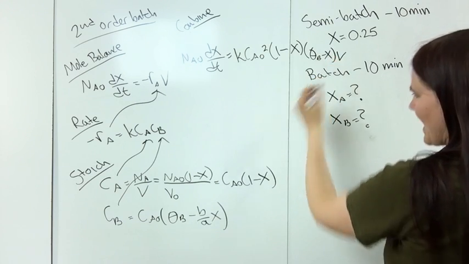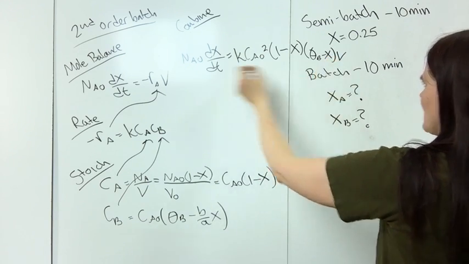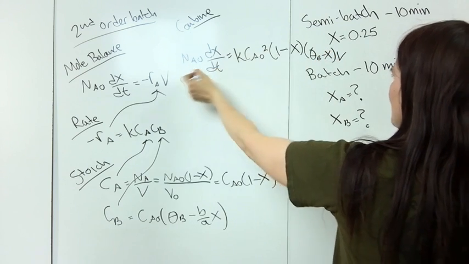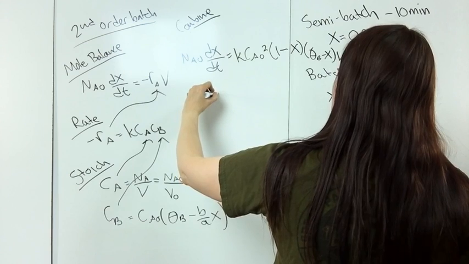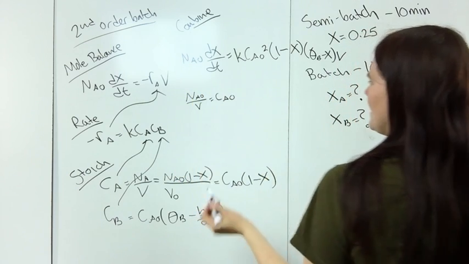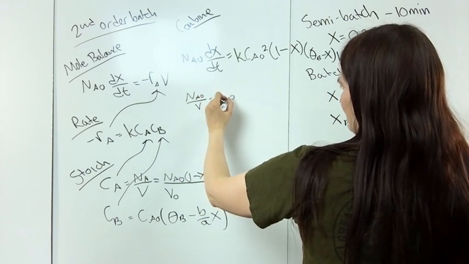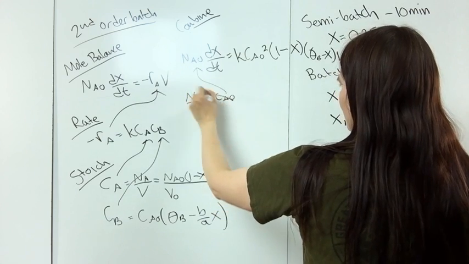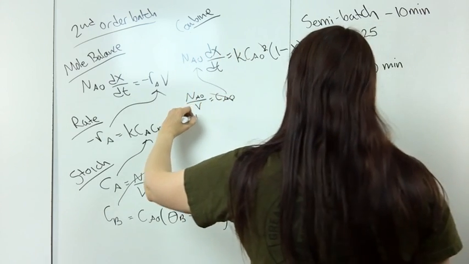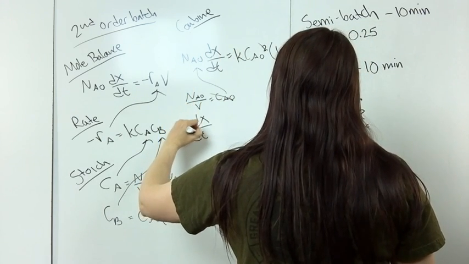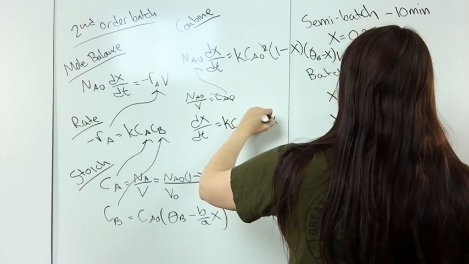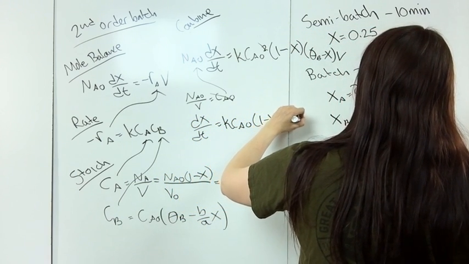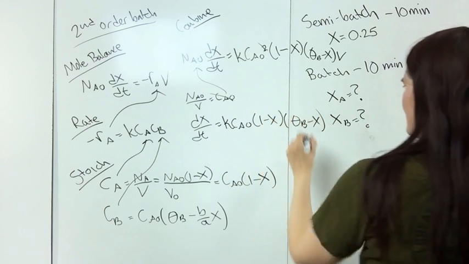In this case, V is equal to V_0, so I can divide the V over, and so then I have N_A0 over V, and that's equal to C_A0. So then I can cancel that and that. So then I get dX/dt is equal to k C_A0 (1 minus X)(theta_B minus X).